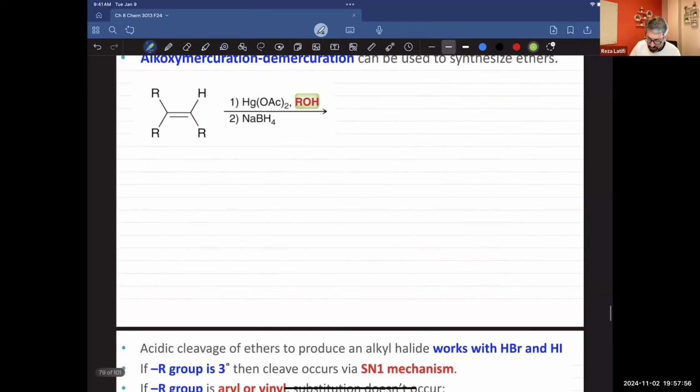Okay, so the first step of this mechanism is going to go this way. So we will have a double bond. And next, mercury will attach to both of them, and it will have a positive charge.